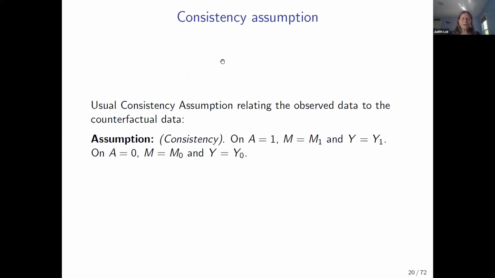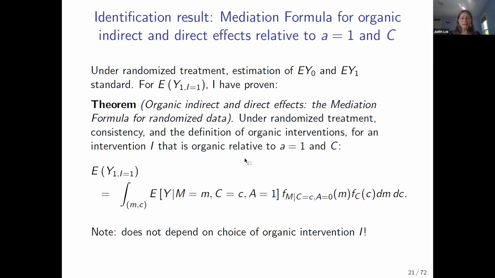In order to get an identification result, I need a consistency assumption, and that's the usual consistency assumption: if we have a person treated, we observe their treated mediator and outcome, and if a patient is untreated, we observe their untreated mediator and outcome. And that's about it. We don't need many other assumptions.